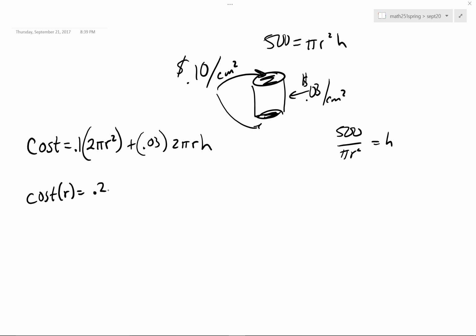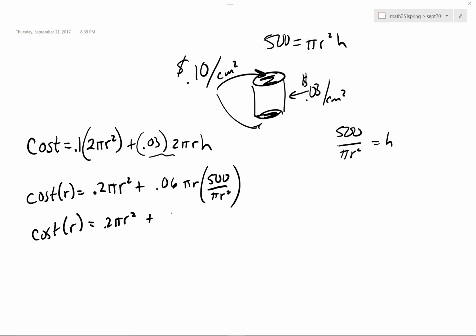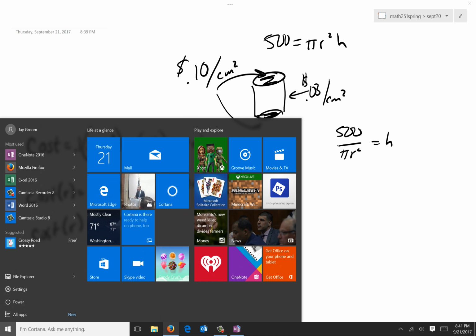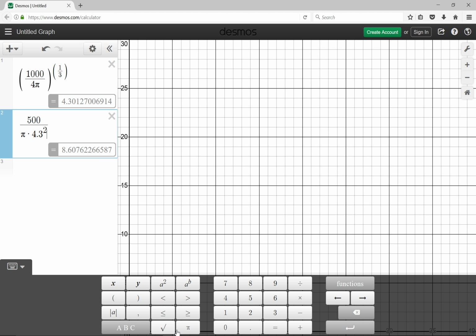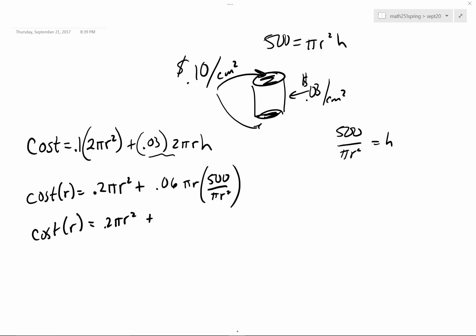If I do this, that's 0.2 pi r squared, 0.06, that's this times this, pi r h. And if you clean this up a little bit more, cost is a function of r, 0.2 pi r squared plus 0.06 times 500 should be 3, I think. Oh, 30, I lied to you. Sorry. That's what calculators are for, to prevent stupidity, over r.